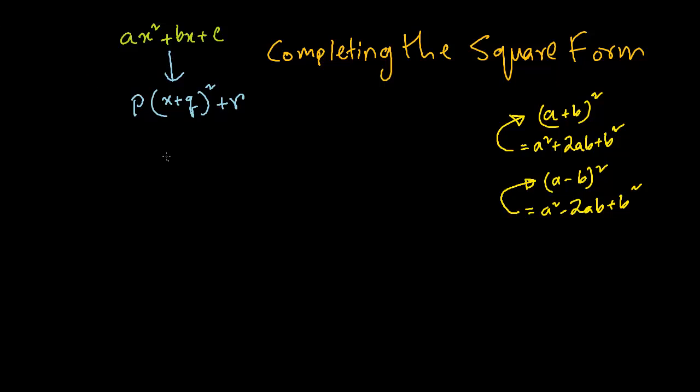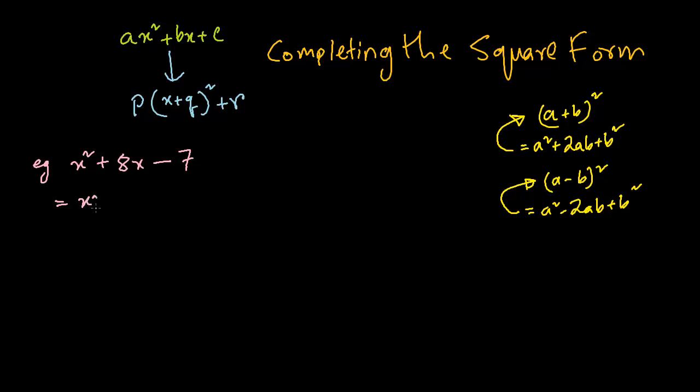Let's do an example. Suppose we have x squared plus 8x minus 7. Now it is in the format of ax squared plus bx plus c. We want to express it in the completing the square format.